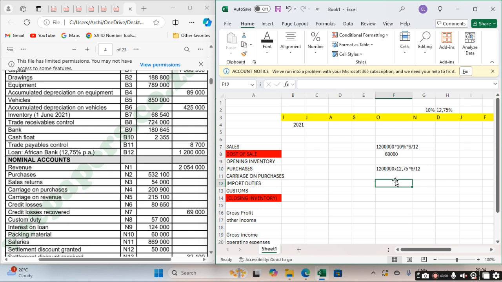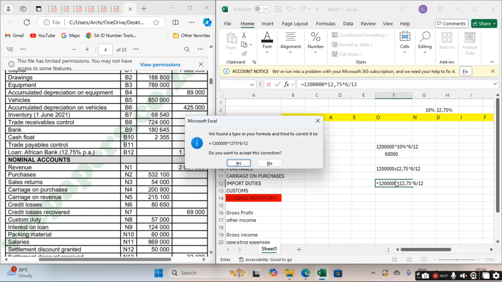So let's do the calculation. 1,200,000 multiplied by 12.75 multiplied by 6 over 12.